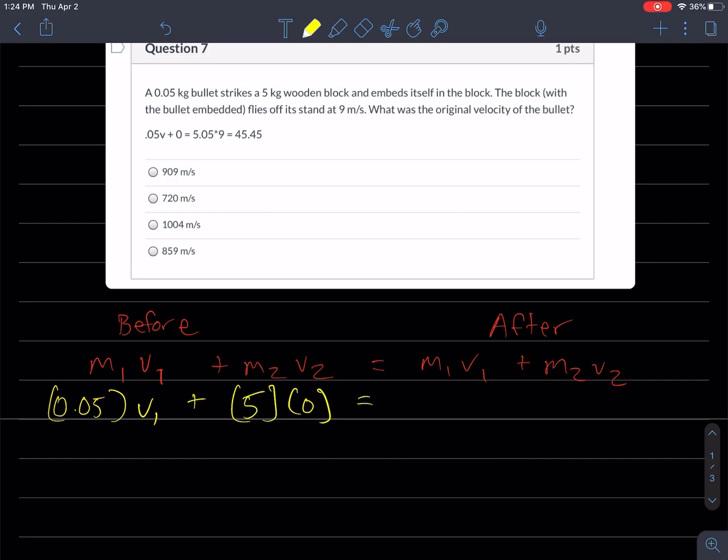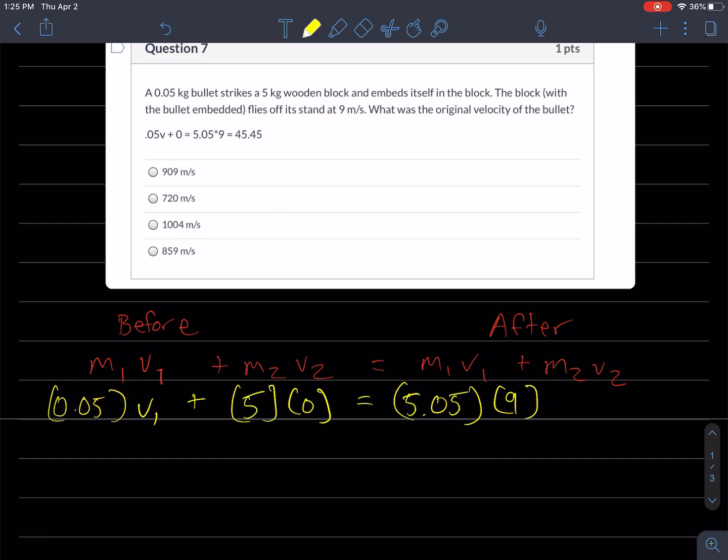We know that these two objects are moving together, like our train example. So our mass after the collision is going to be the mass of the bullet plus the block, which is 5.05, and it has a velocity of 9 meters per second, because the block and bullet are moving together as one object.